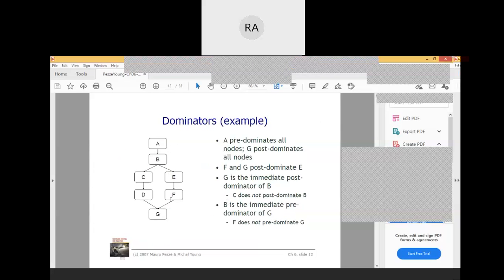In this case, G is going to be the immediate post dominator for the node B, because G exists on the path from B to G.